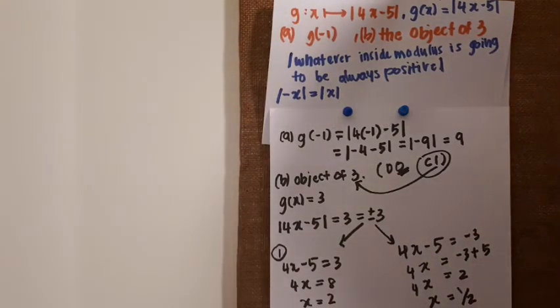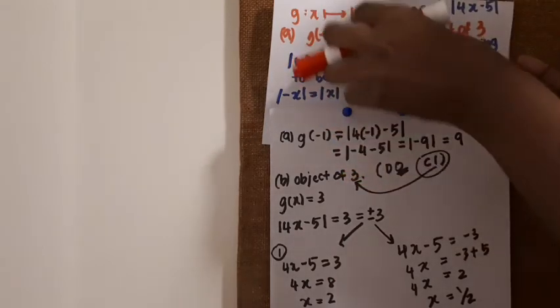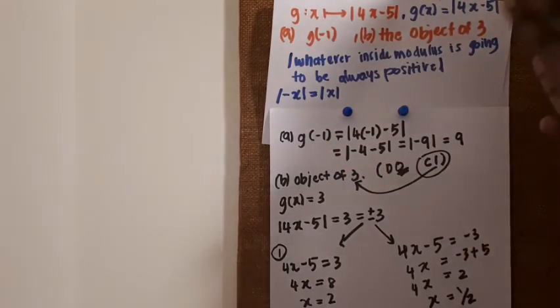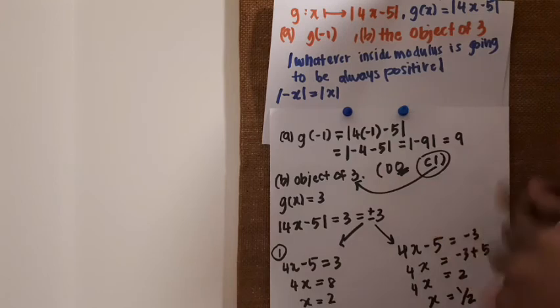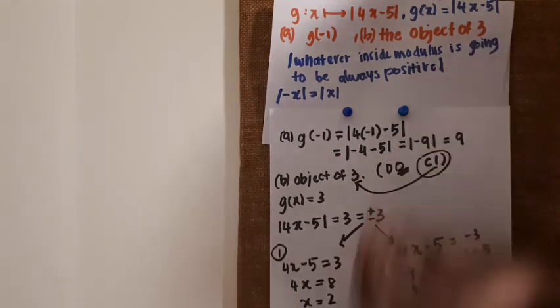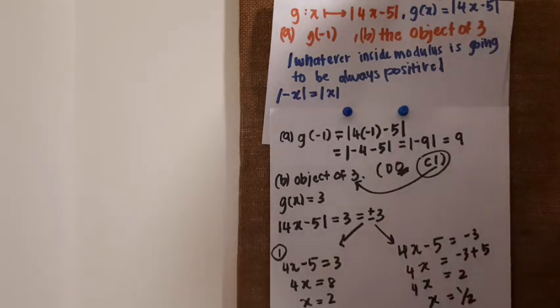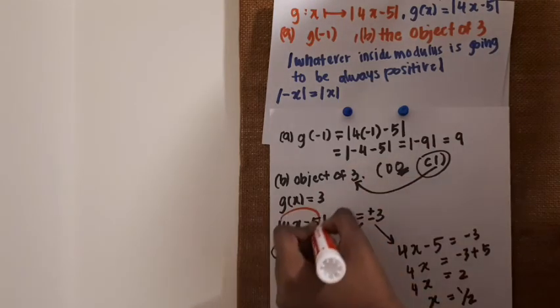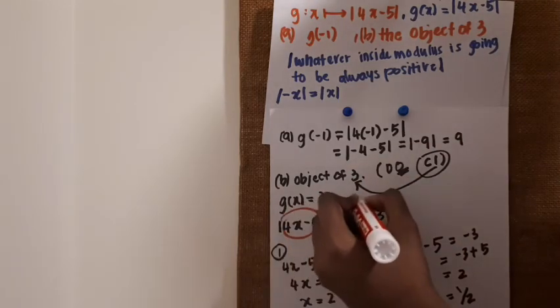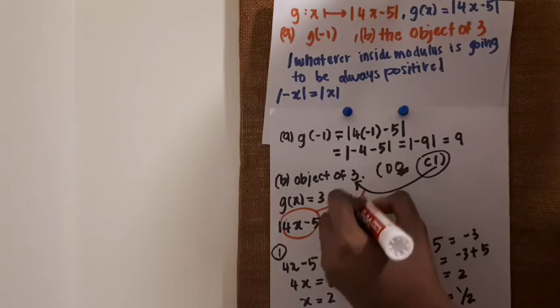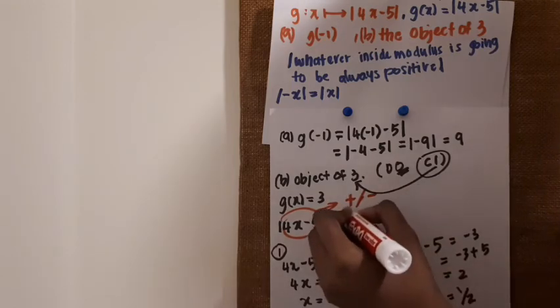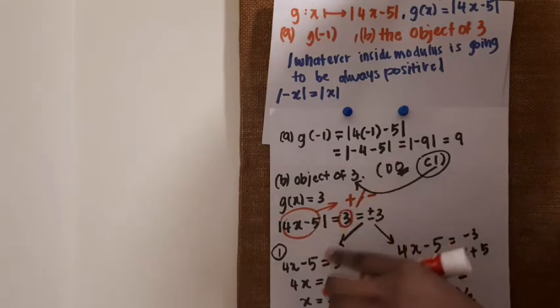What I'm trying to say is, let's imagine modulus as a machine, and whatever you put inside that modulus machine, negative or positive, it's going to give you a positive number. So this thing here can be positive or negative, but somehow it's going to give only positive 3.